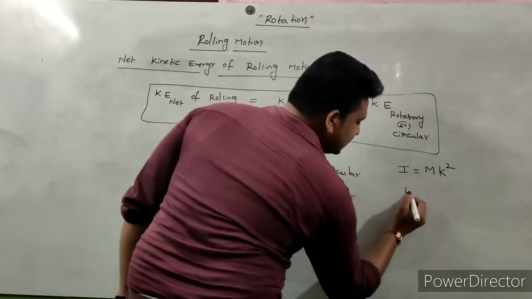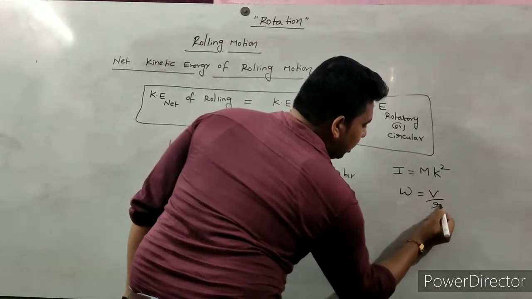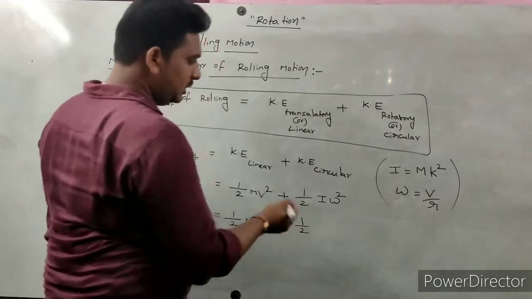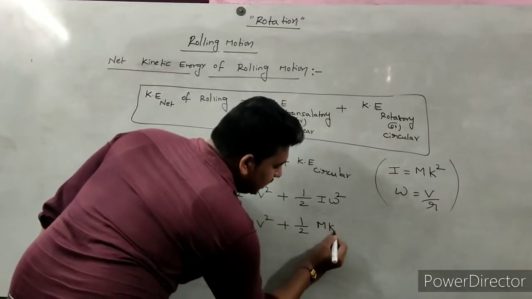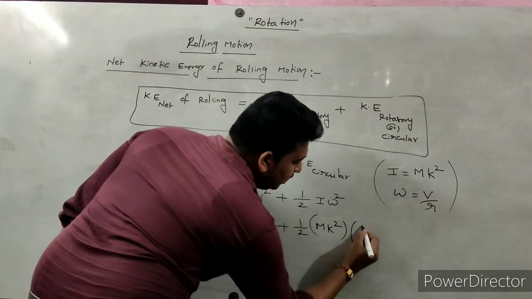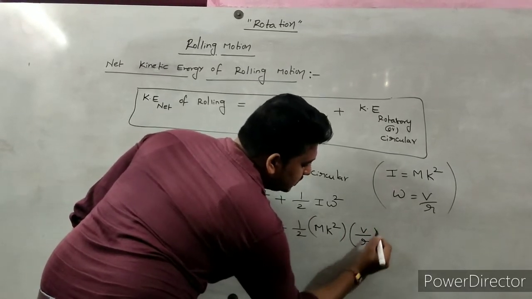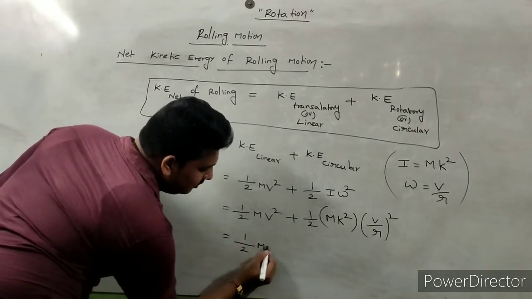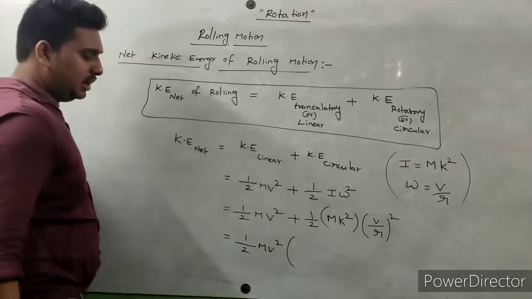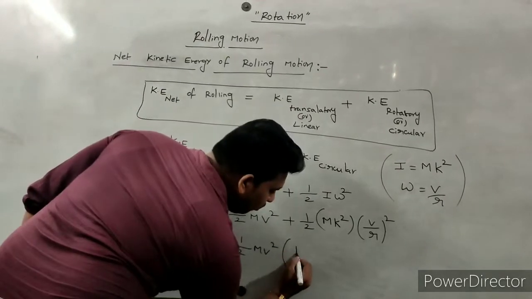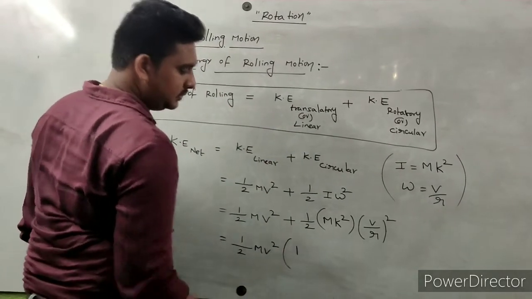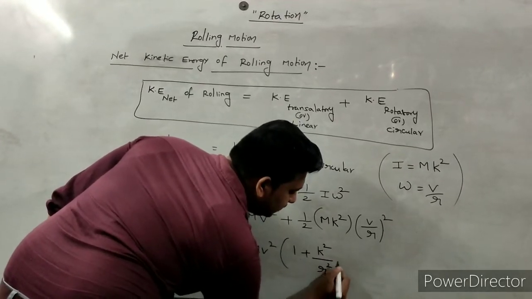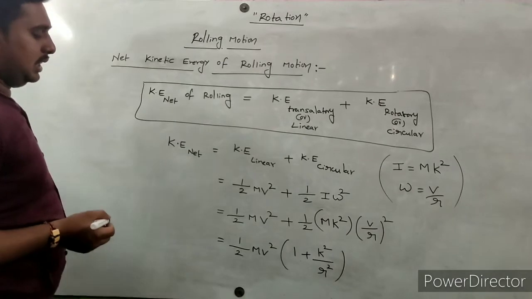Similarly, omega is equal to v by r, because v is equal to r omega. Substituting mk square and v by r whole square, half mv square is taken common. Then we get 1 plus k square by r square.